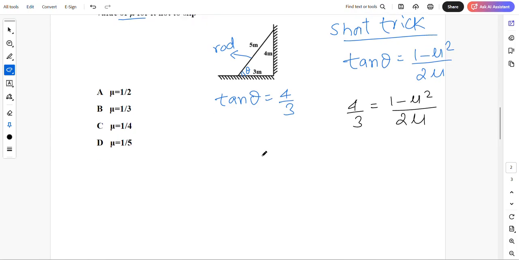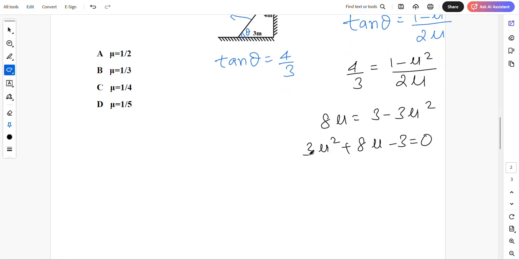Now we'll cross multiply. 8 mu is equal to 3 minus 3 mu square, or 3 mu square plus 8 mu minus 3 is equal to 0. If I multiply this and this, that is equal to minus 9.